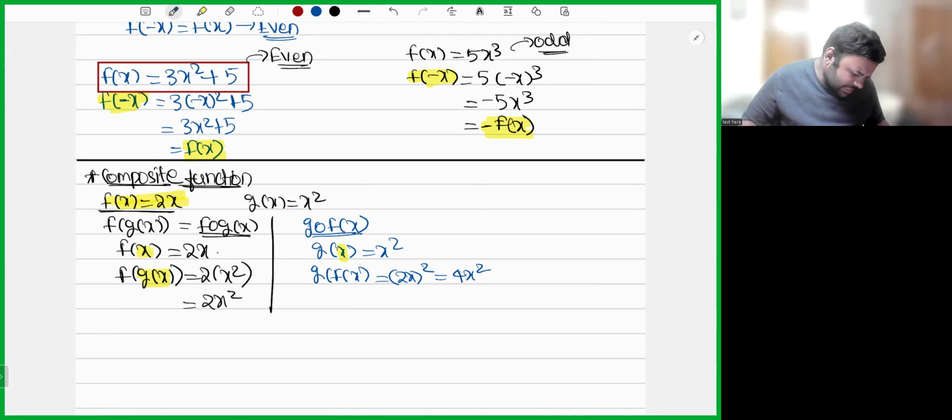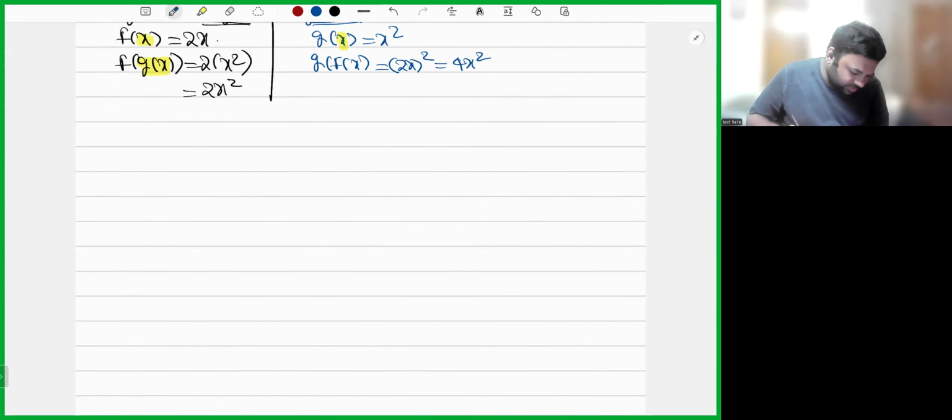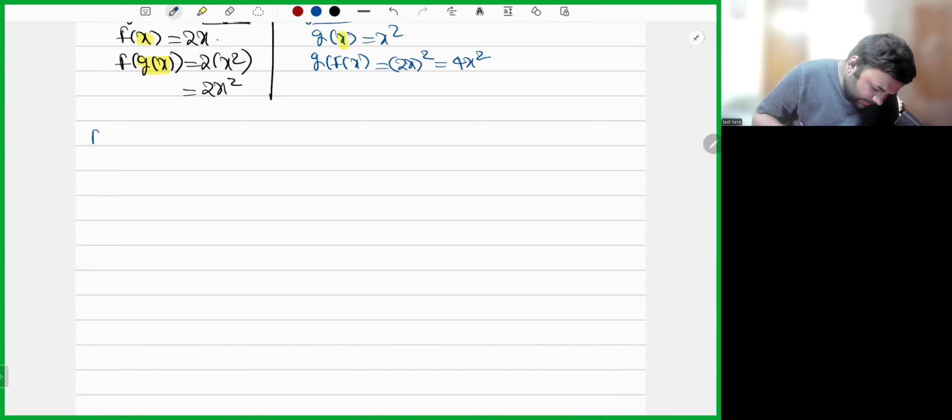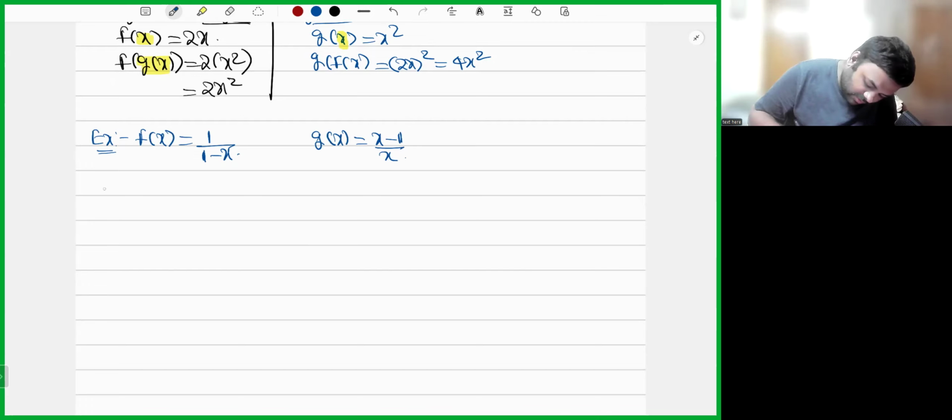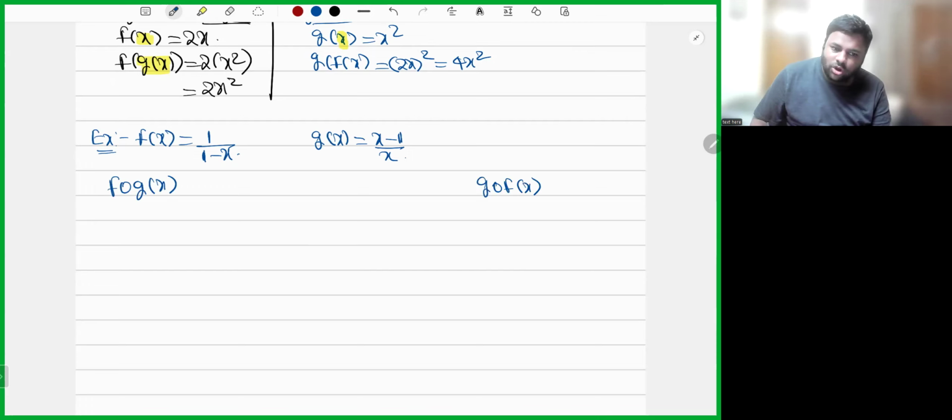Let me take a better example for your clarity, my dear friends. I am telling f of x is equal to 1 divided by 1 minus x. g of x is equal to x minus 1 by x. I need to calculate fog x. I need to calculate gof x. Now, f of g of x.